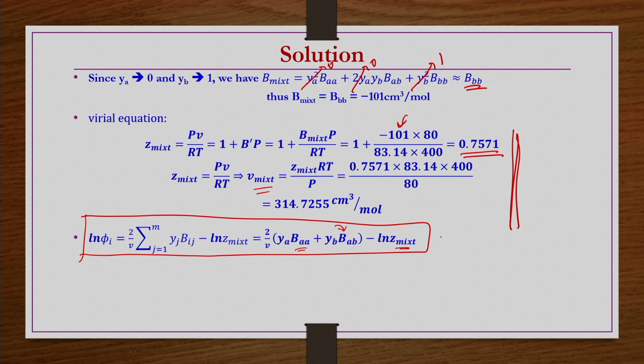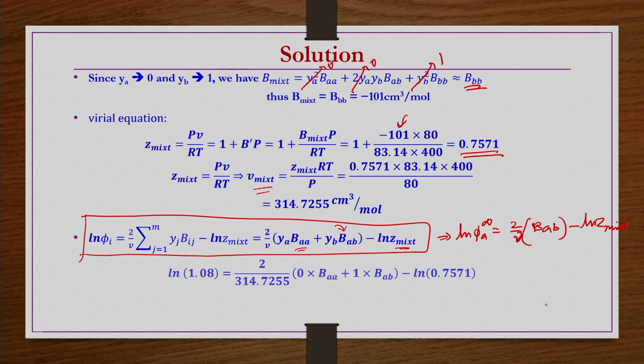So, from this expression, for this problem, we have ln phi A infinity equal to 2 by V, Ya is almost 0 so we are not taking that term, Yb is almost 1, so you can take it as 1, and then B_AB minus ln Z mixture, right.